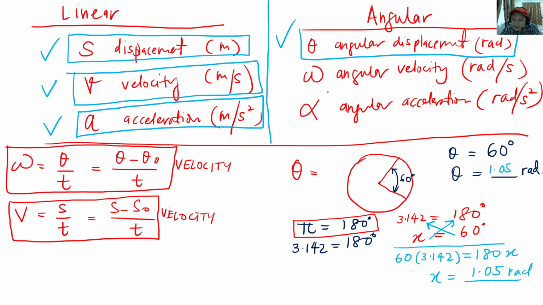Next, the thing which is important for us to learn is something called omega. So let's do omega now. So omega, if you are converting linear, you're going to have V, right?